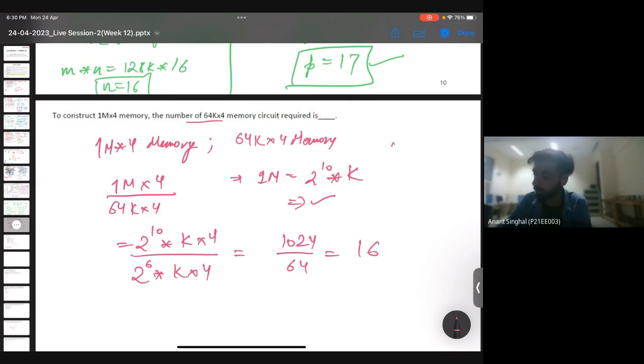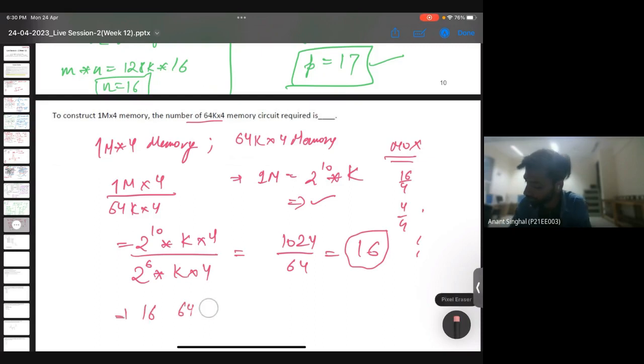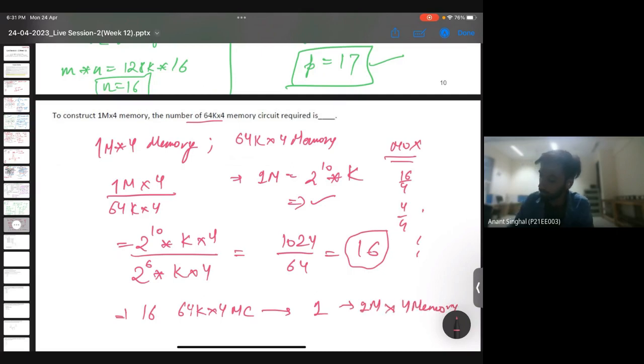So this is similar to a mux. Then we do this division 16 by 4 and then 4 by 4 and go on. So we will require 16, sorry, 64k cross 4 memory circuits to realize a 1 mega cross 4 memory unit. So the correct answer to this question is 16.